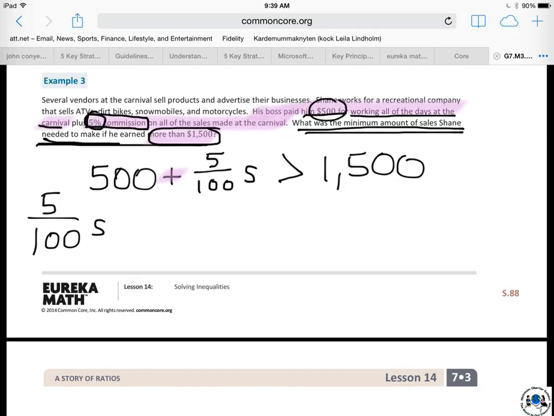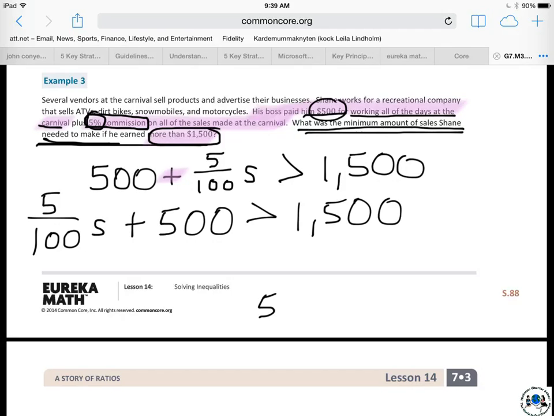Now, do you know what that 5 over 100 means? I'm just assuming you got it right. But yeah, that means 5%. So 5 over 100 is the fractional representation for 5%, or 0.05. And you could have put 0.05. This works as well.